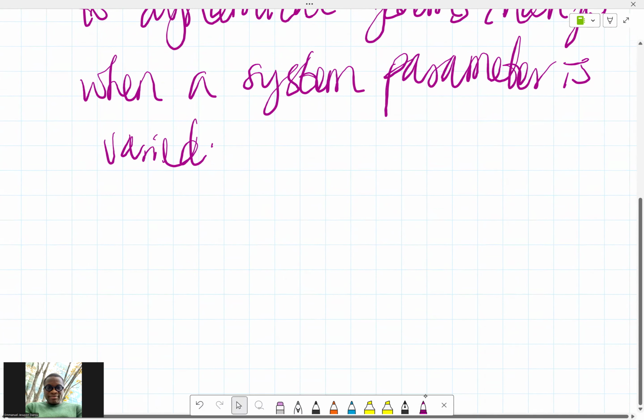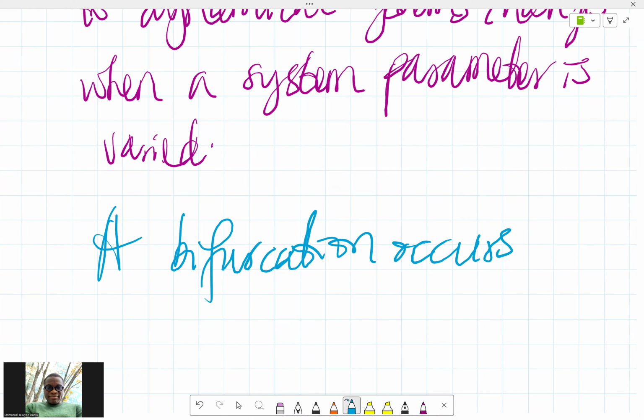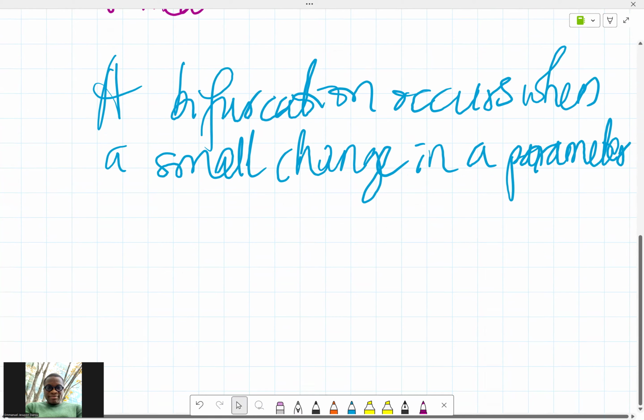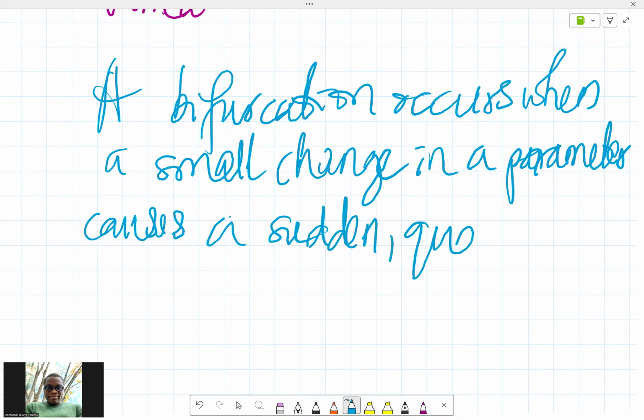And then when we talk about a bifurcation in particular, a bifurcation occurs when a small change in a parameter causes a sudden qualitative change.